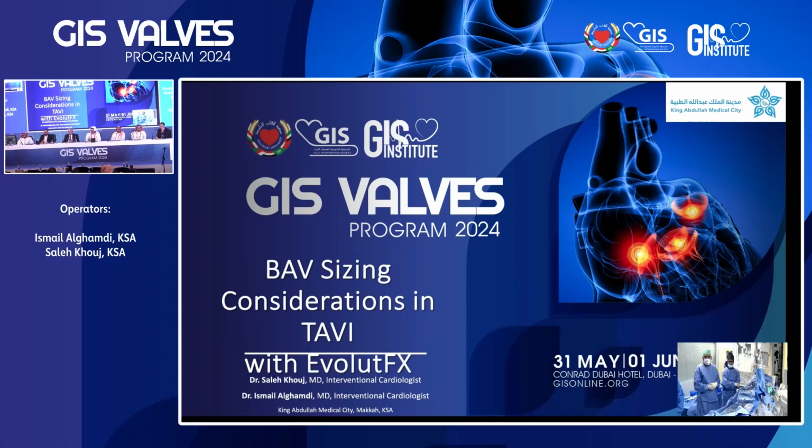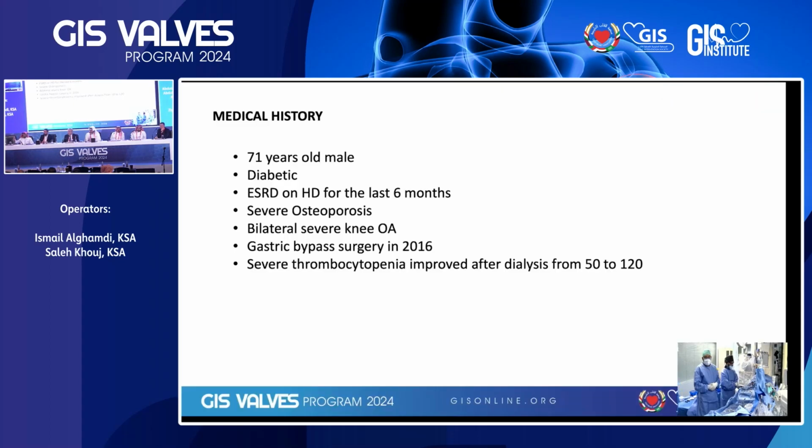I have a patient with significant kidney disease for the last 6 months, with severe osteoporosis, bilateral severe osteoarthritis, gastric bypass surgery in 2016, and a history of thrombocytopenia after dialysis, 150 to 120.